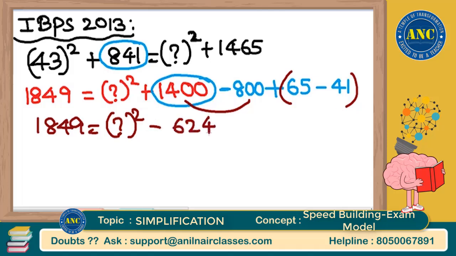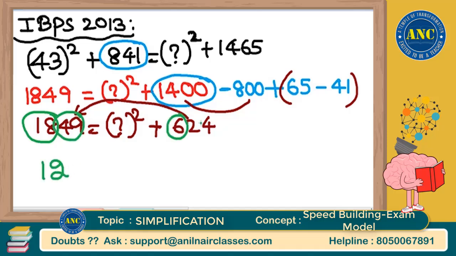Sorry, it is plus 624, sir, not minus, plus 624. If I subtract 1800 minus 600, same logic, sir, listen carefully. 18 minus 6 is 12. 49 minus 24 is 25. It is 1225 is equal to question mark square.